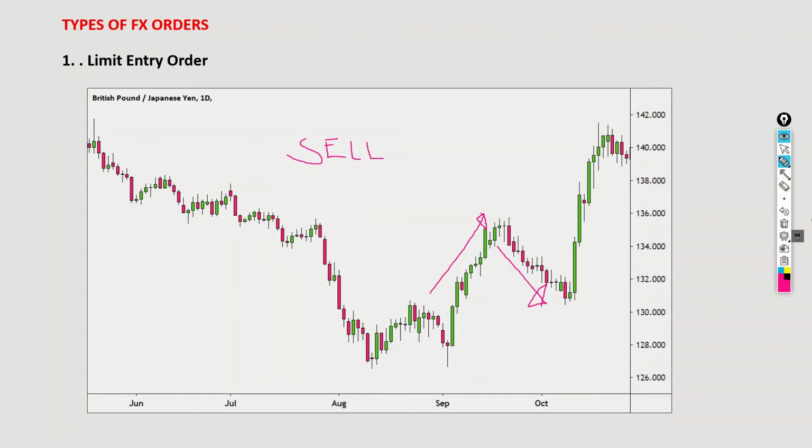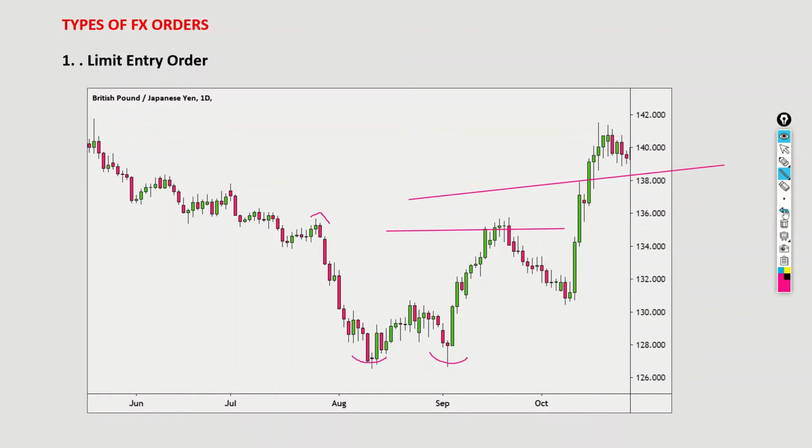So what you do is set what we call a sell limit order. When you look at this price here, it finds a little bit of support. Then you say that when the price hits this previous swing high, it will come and sell back again. You come to this price you want, and then you set up a sell limit order.